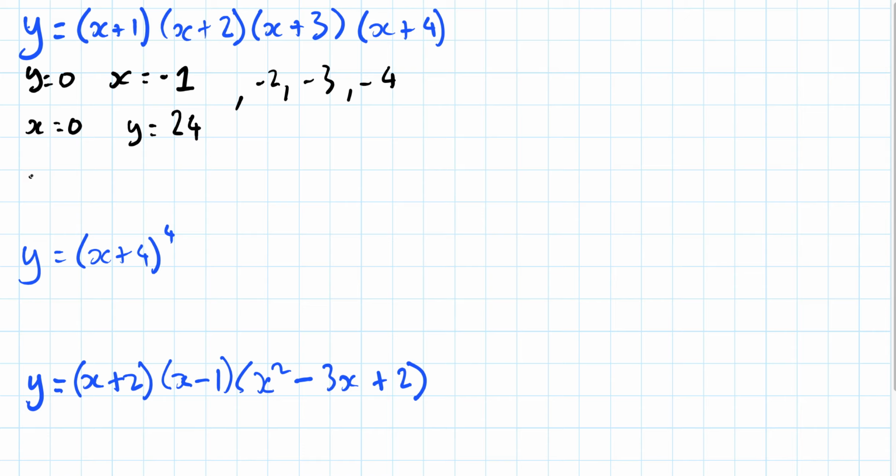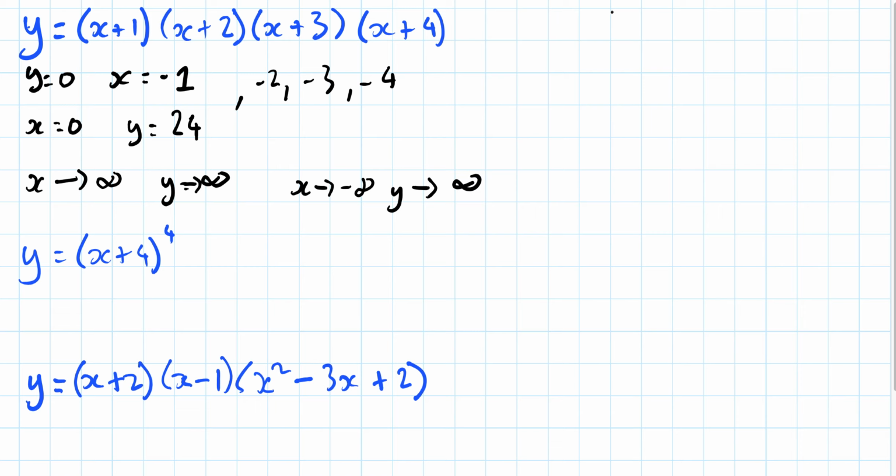And then we take the limits: when x goes to infinity, y goes to infinity, and when x goes to negative infinity, y goes to, so negative infinity times negative infinity is positive infinity, times negative infinity times negative, so it goes to positive infinity.